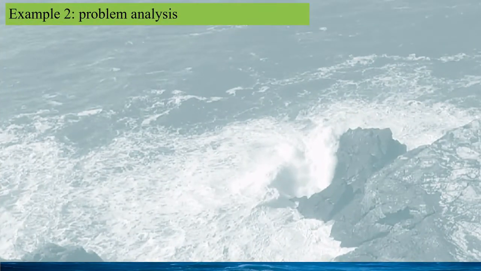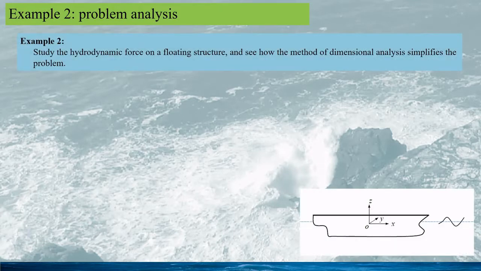The second example is the examination of hydrodynamic force on a floating structure in seas under the action of waves. And we will see how the dimensional analysis could simplify the problem.